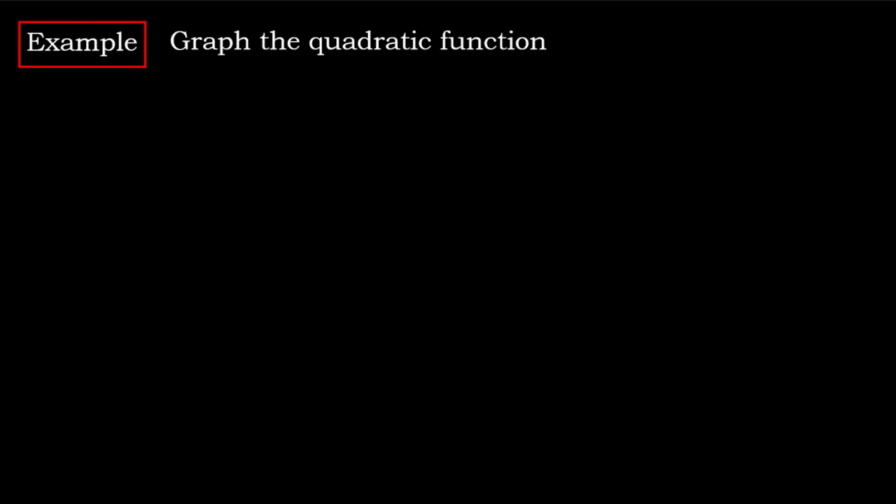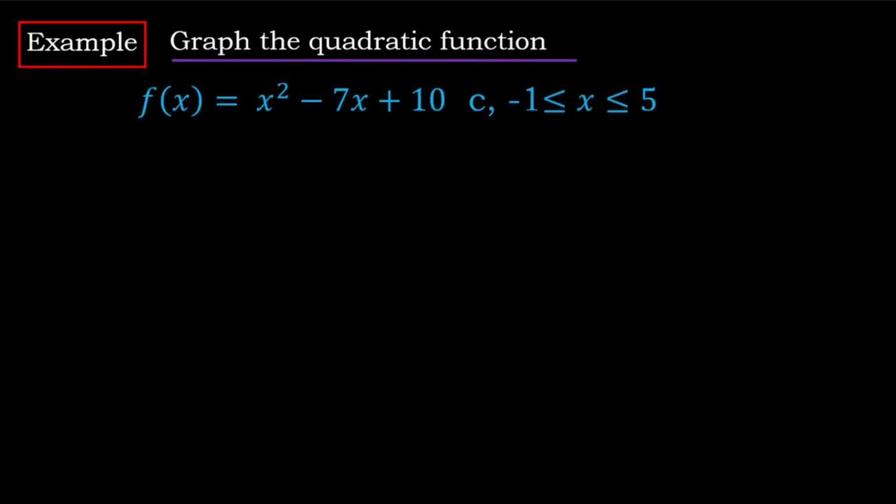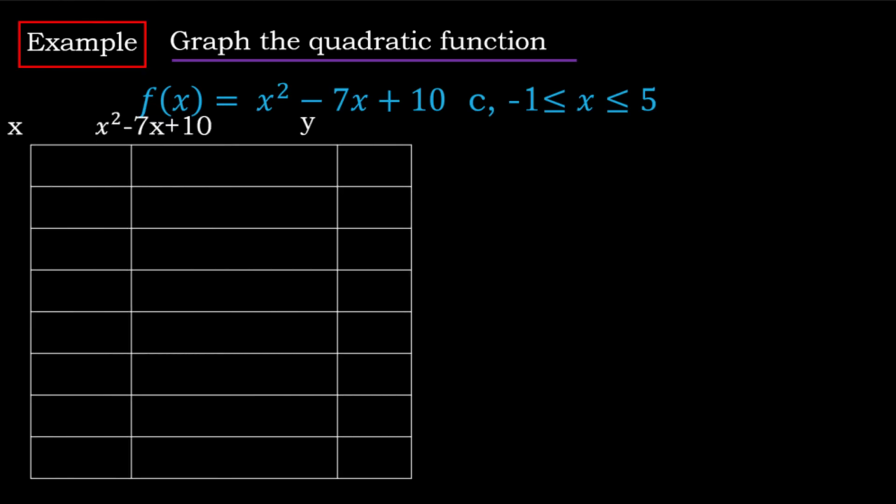Example: graph the quadratic function. We have now f of x equals x squared minus 7x plus 10, where x is greater than or equal to -1 and less than or equal to 5. Make a table and write the rule of the function.